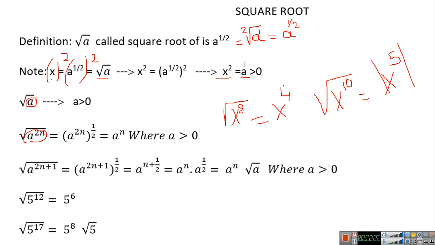Here, no need to put absolute value, because if x is negative and the power is even, minus will be plus. If you multiply 2n times half, it is n. So this you can split it: a and root a.